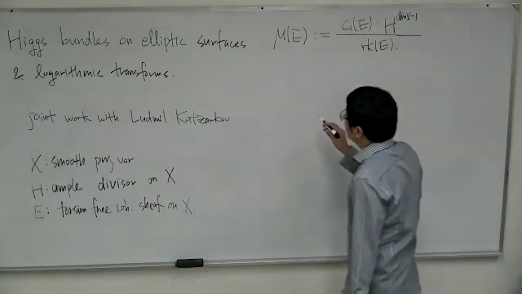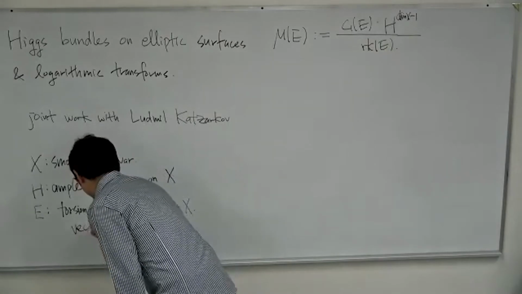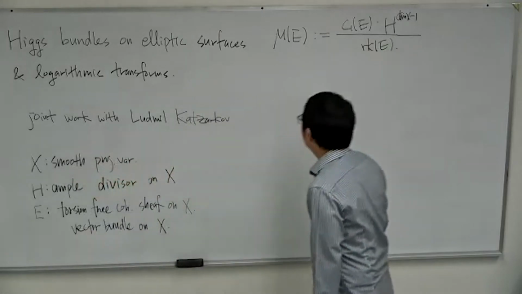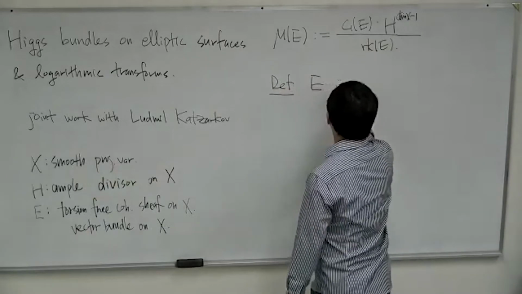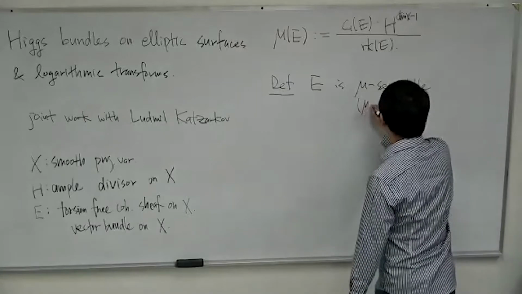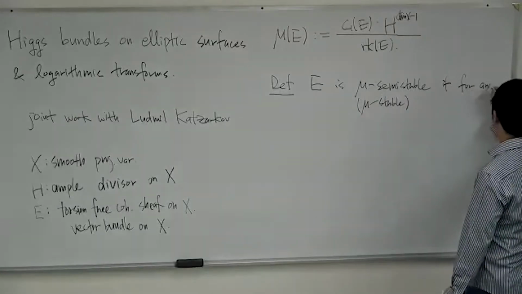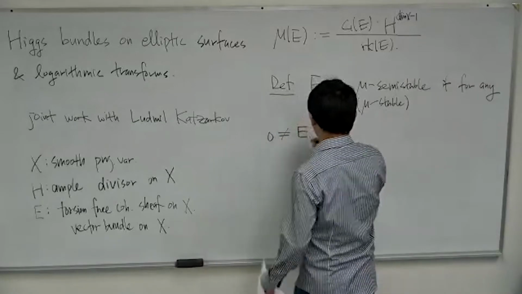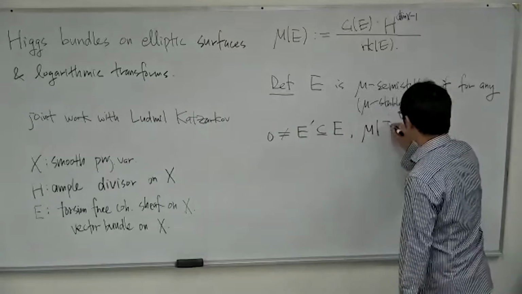And most of the time we will talk about vector bundles on X. And then this E is mu semi-stable or mu stable if for any non-zero subsheaf in E, we have this inequality.